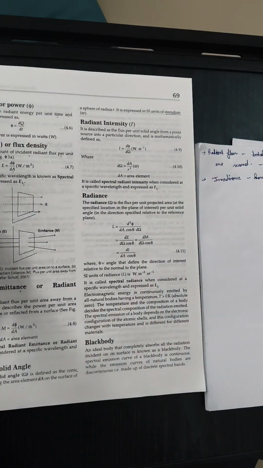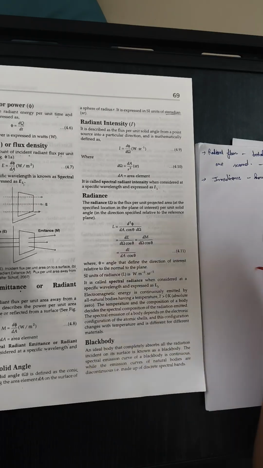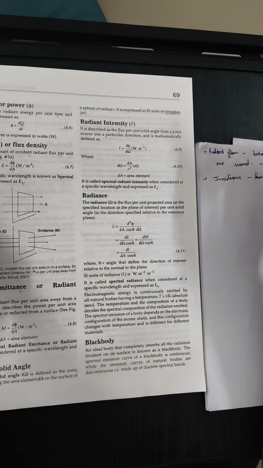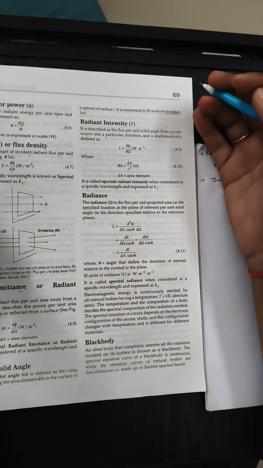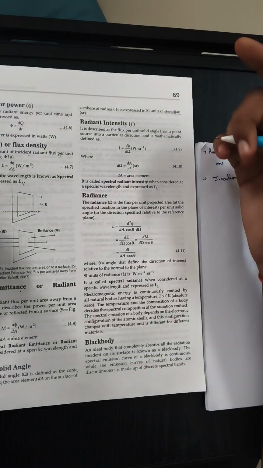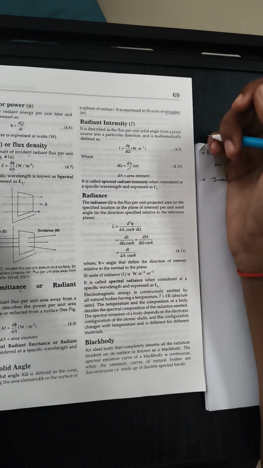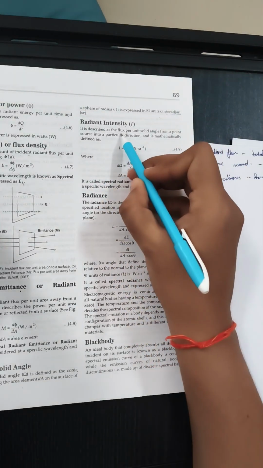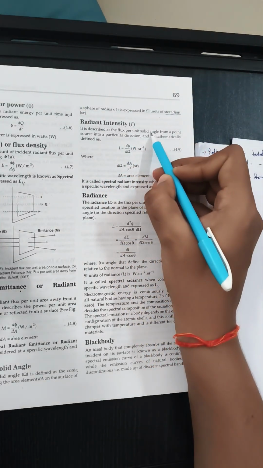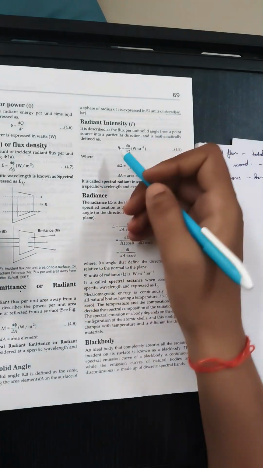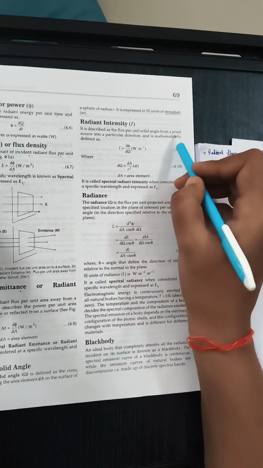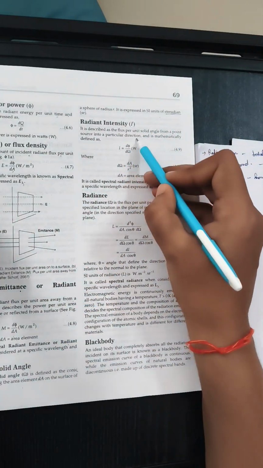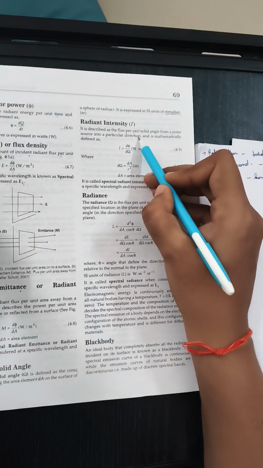Now suppose a light source emits energy in different directions. Sometimes we want to know how much energy is emitted in only one particular direction. This is called radiant intensity, described as flux per unit solid angle. What is solid angle? Omega. From a point source into a particular direction.